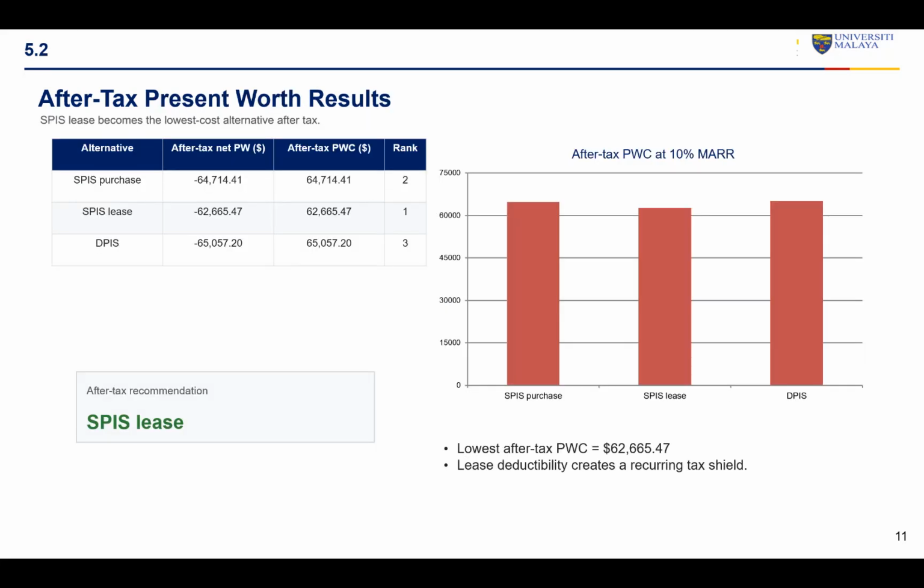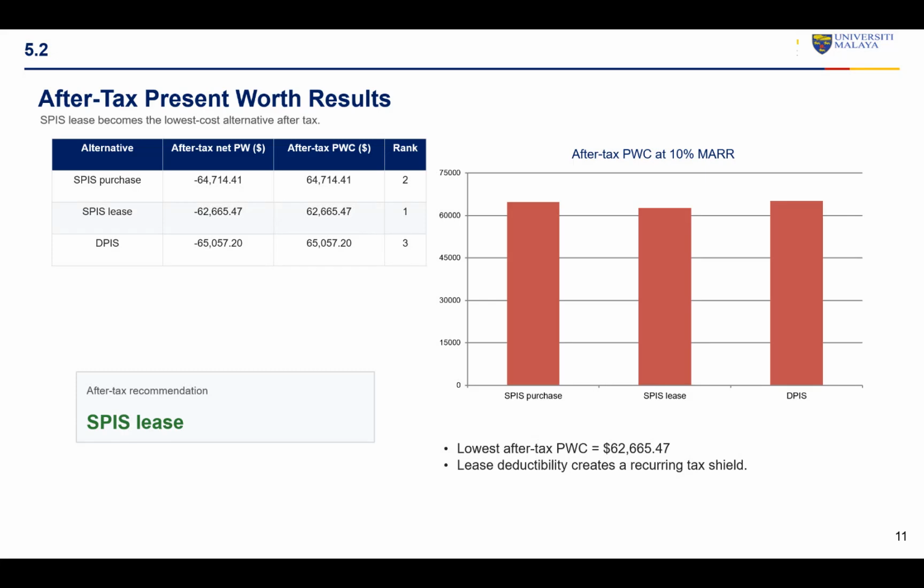Okay, the after-tax present worth results show a different preferred alternative. SPIS lease now has the lowest after-tax present worth cost, equal to $6,265.47.